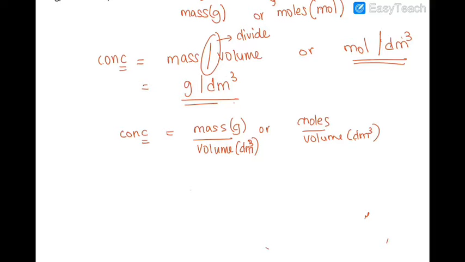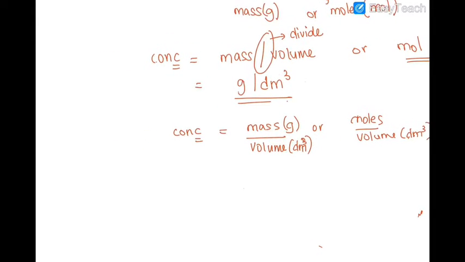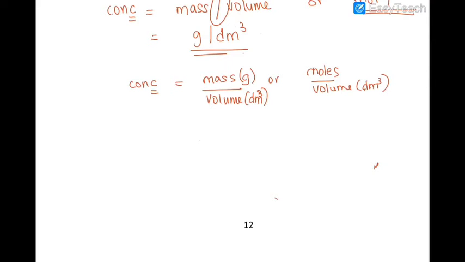And for this formula especially, you should know how to convert centimeter cube to dm cube, because most of the time the volume is going to be given to you in centimeter cube. To convert centimeter cube to dm cube, you need to divide by 1000. dm cube to centimeter cube, you multiply by 1000.